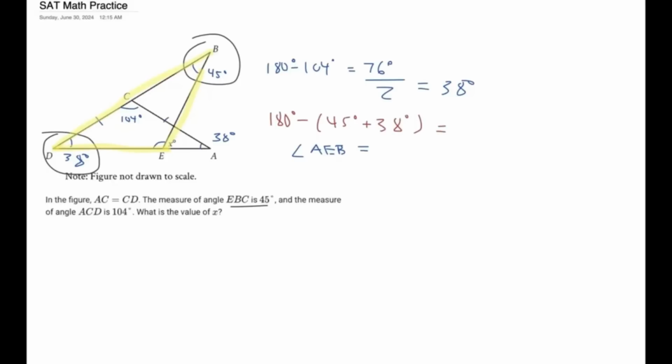Let's do some quick maths. I think that is 97 degrees. So angle E is 97 degrees.